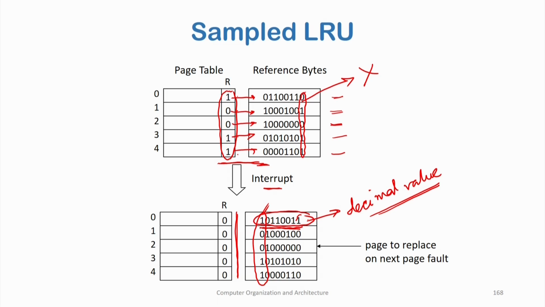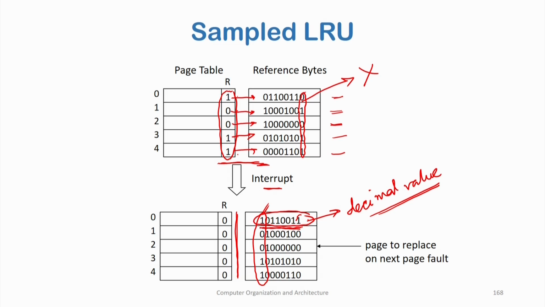Why? Because this byte tells me two things. A very low value tells me that this page was not accessed recently, and possibly not accessed many times recently.